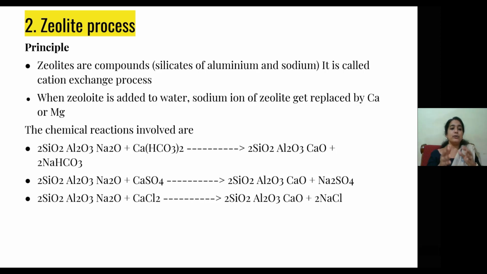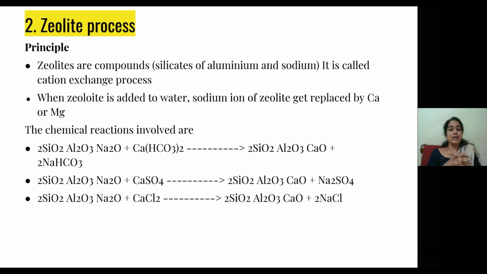And 2SiO2 Al2O3 Na2O reacts with calcium bicarbonate to give 2SiO2 Al2O3 CaO plus 2NaHCO3. This is the main exchange process happening. In the second equation, 2SiO2 Al2O3 Na2O reacts with calcium sulfate to give 2SiO2 Al2O3 CaO plus Na2SO4.